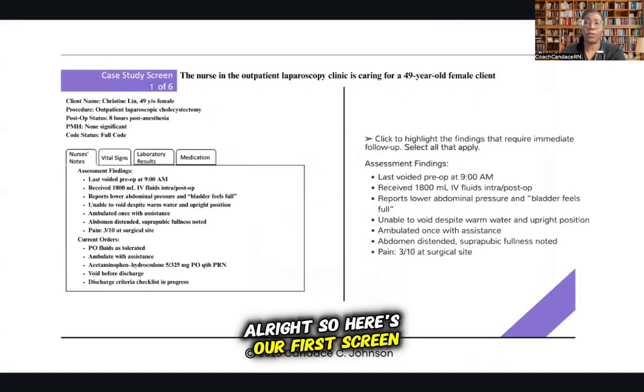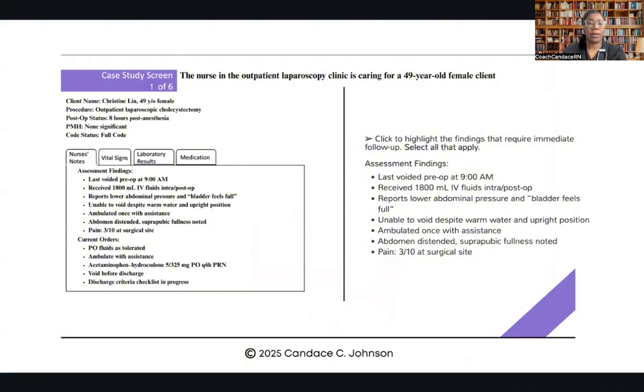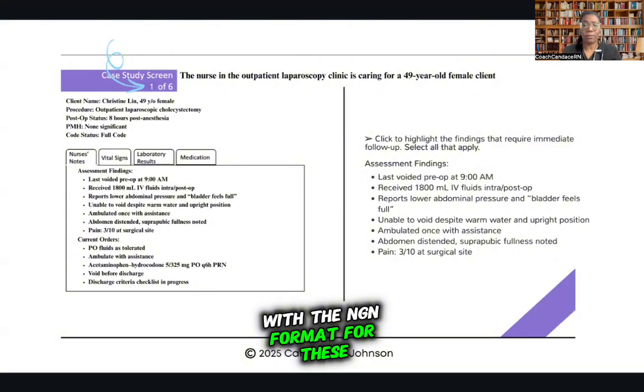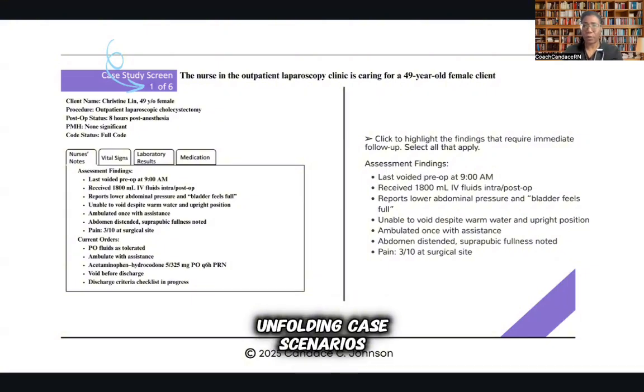All right, so here's our first screen, our case study screen. And you'll notice here that we are looking at one of six, right? So if you're not familiar with the NGN format for these unfolding case scenarios, then you'll know that there are six screens.